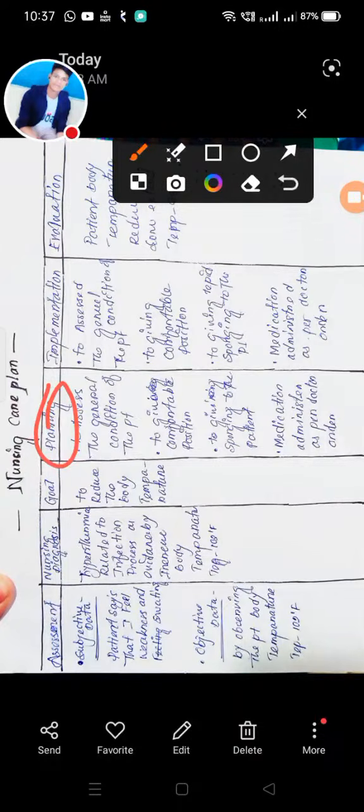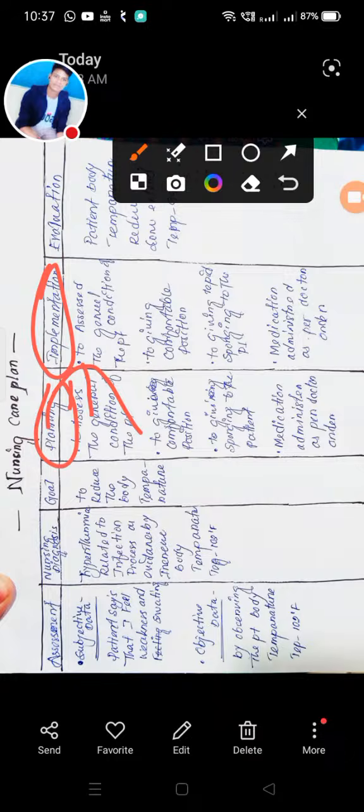So what is implementation? After planning, I am going to carry out my plan on the patient. That is called implementation. In the planning, I think I am going to check the vitals.